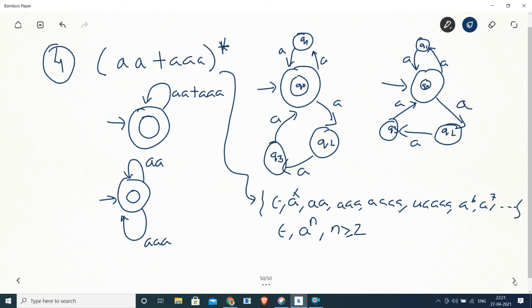So how do we get to this? The language is such that single A is not accepted, but all other strings are accepted, and epsilon is also accepted. Epsilon is accepted, which tells us that the initial state is the final state. But single A is not accepted. If a single A comes, we move to a state which is not a final state.